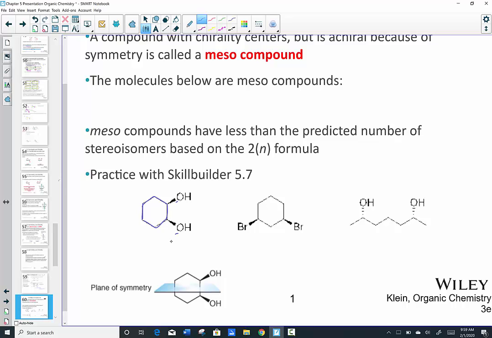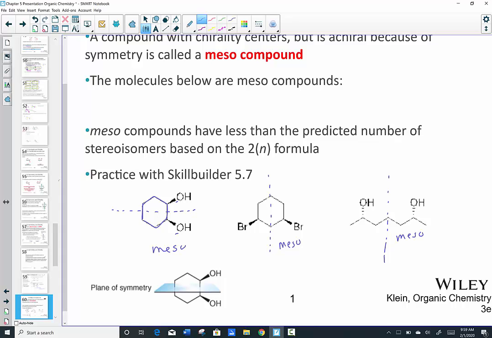Both of these are coming out as wedges. I can clearly see a plane of symmetry, making this a meso compound. Here again, I have a plane of symmetry, making this a meso compound. And right here, I still have a plane of symmetry, making this a meso compound.